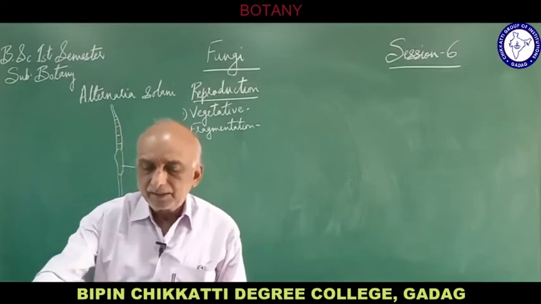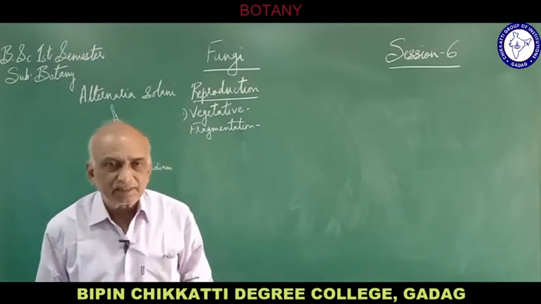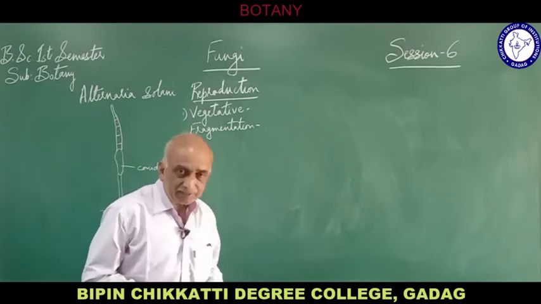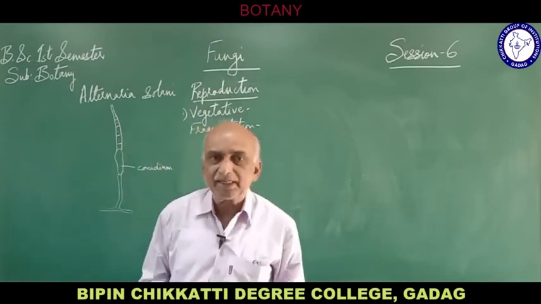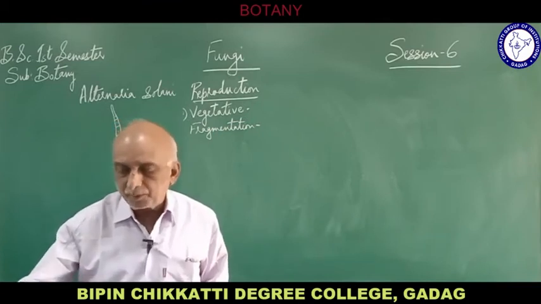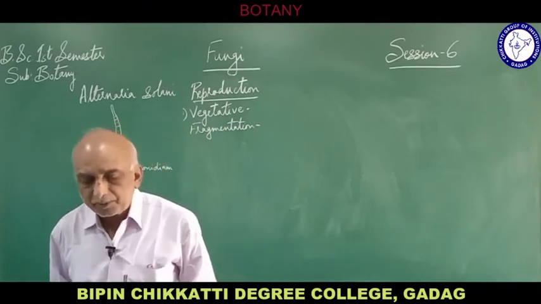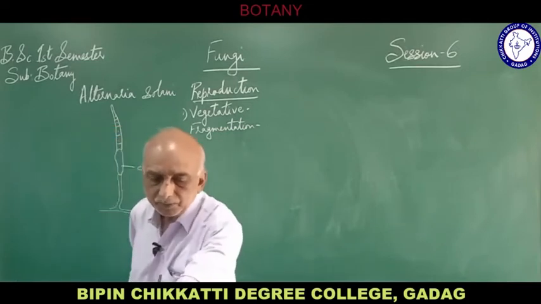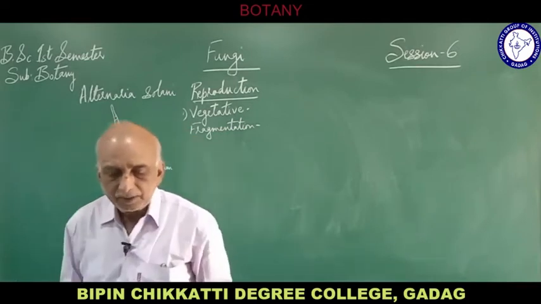So it is a method of vegetative reproduction which takes place accidentally, where the thallus gets broken into pieces and is capable of developing into a new thallus.